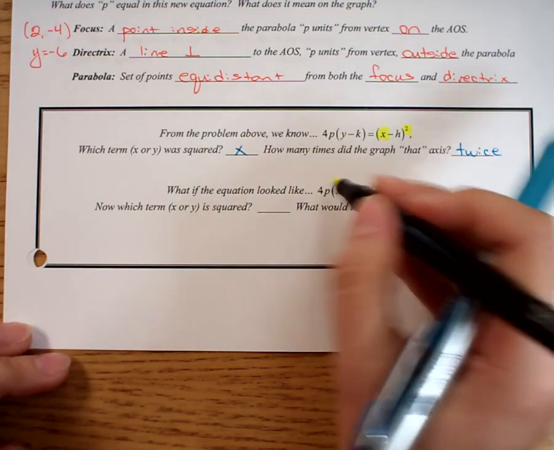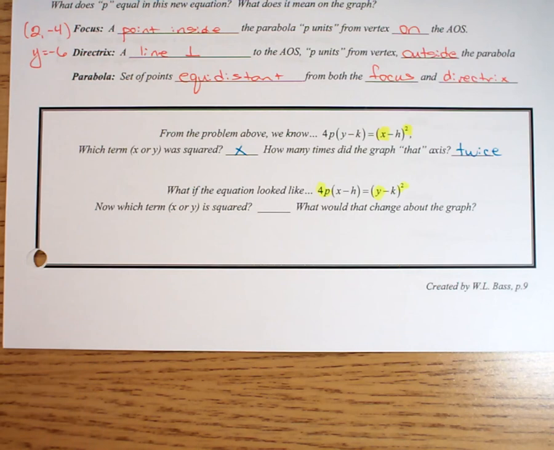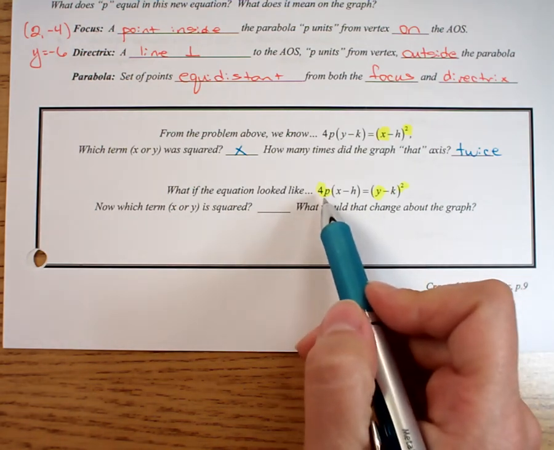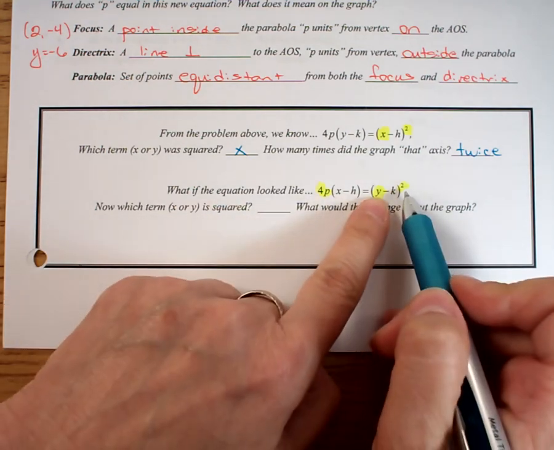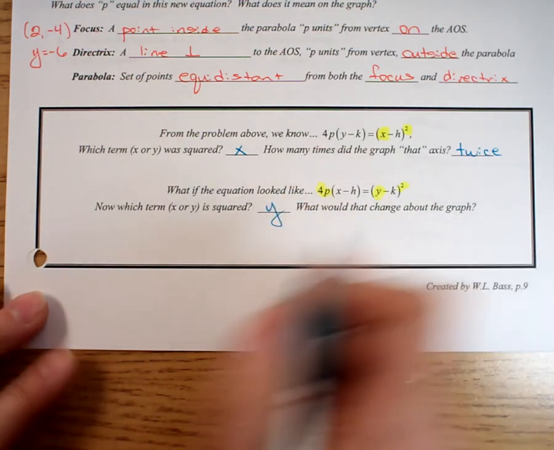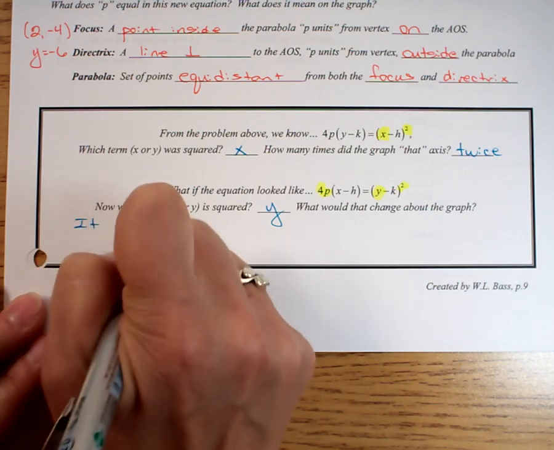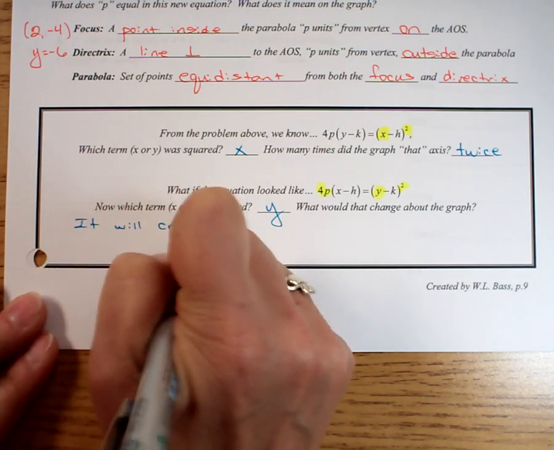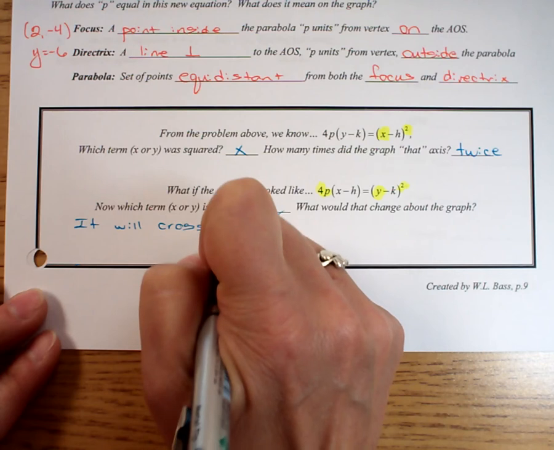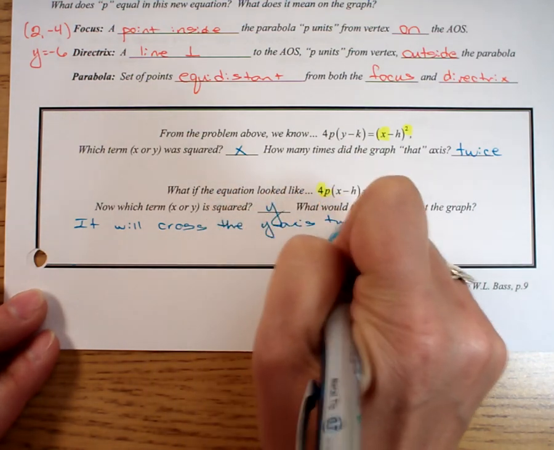Then, when we change our equation around, notice the coefficient and the exponent are on opposite sides, but now I'm squaring the y term. That means that it's going to cross the y-axis twice, or, in other words, it'll have the potential for it.